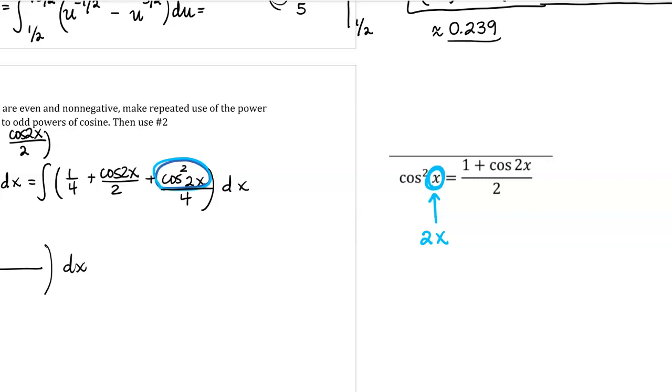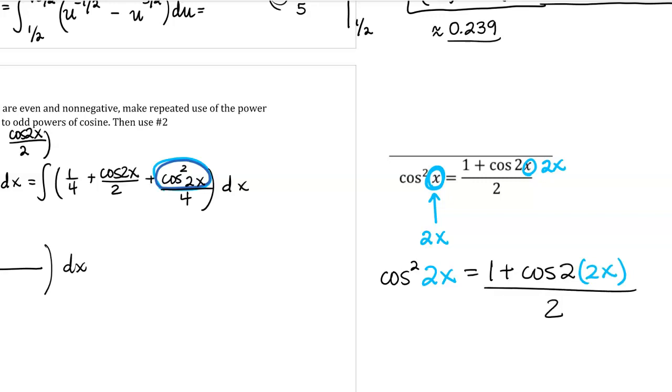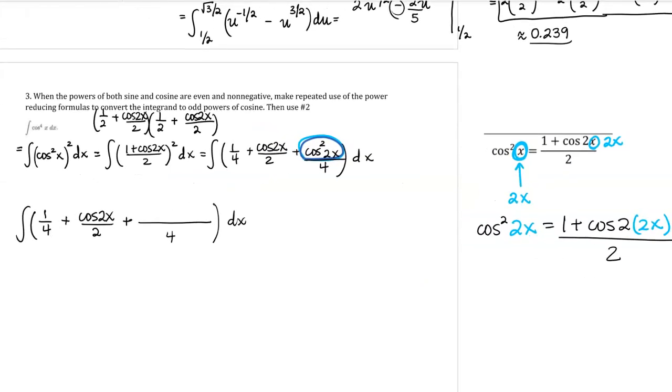So we're replacing x with 2x. So I would also need to replace this x with 2x. So this formula then becomes that cosine squared of not x, but 2x would be equal to 1 plus cosine of not 2 times x, but 2 times 2x over 2. So basically we're plugging 2x into this entire formula.